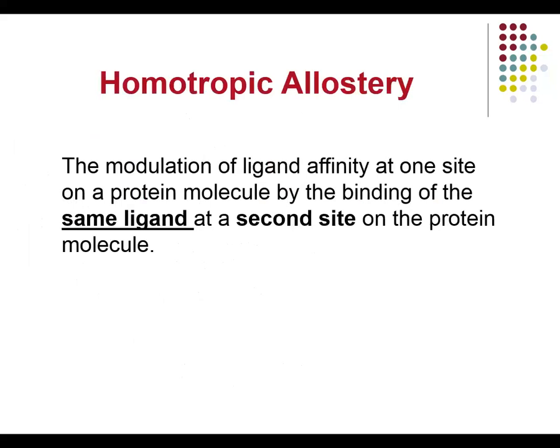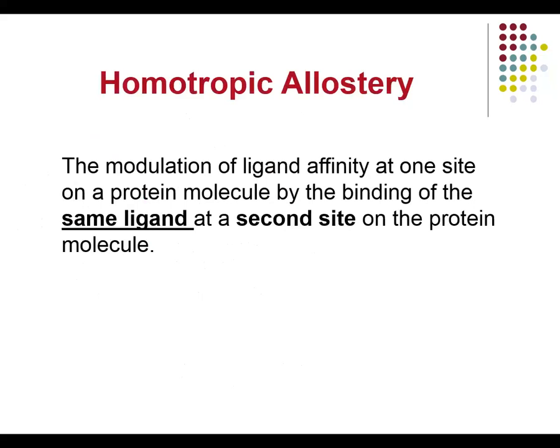So we're going to talk right now about the major mechanism of allostery, and that is the cooperative oxygen binding of hemoglobin. And as I stated before, cooperative oxygen binding is when the binding of oxygen to one subunit increases the oxygen affinity of the remaining subunits within the assemblage.